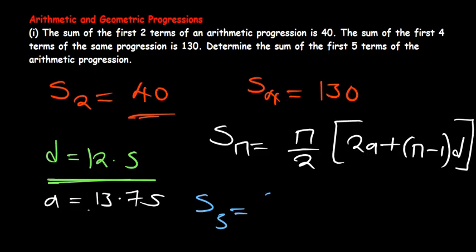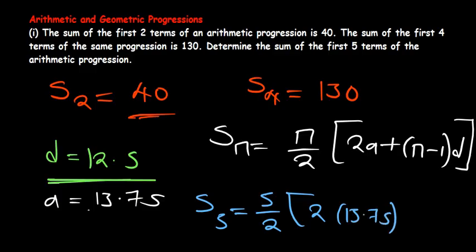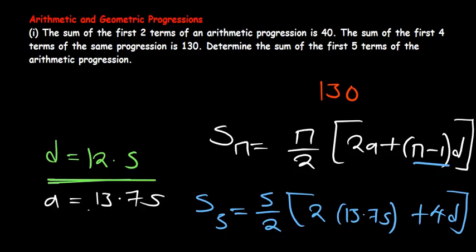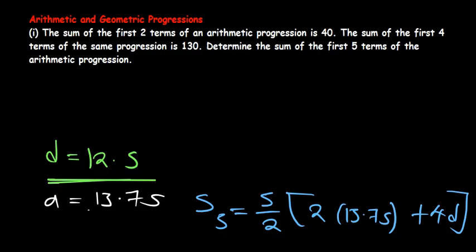So we've got 5 over 2, and then your a is 13.75, and then plus n minus 1, that's going to be 4, because 5 minus 1 is 4, so 4 times the d, it's 4d. So simplify that, you'll be able to get the sum of the first 5 terms.